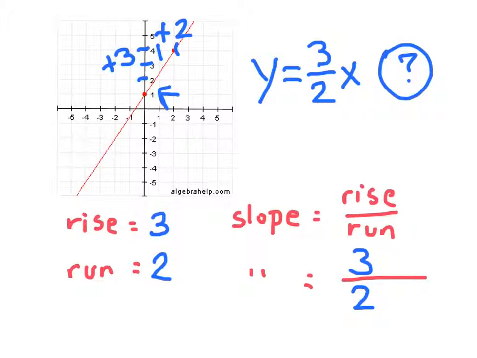It's right here. It's 1. If x is 0, y is going to equal 1. So the rule for this line would be y equals 3 over 2x plus 1.